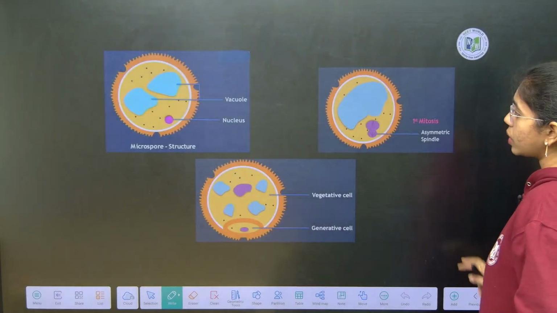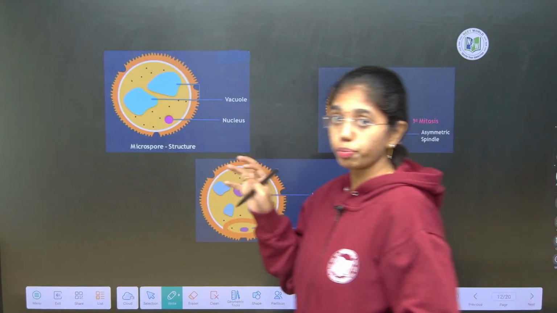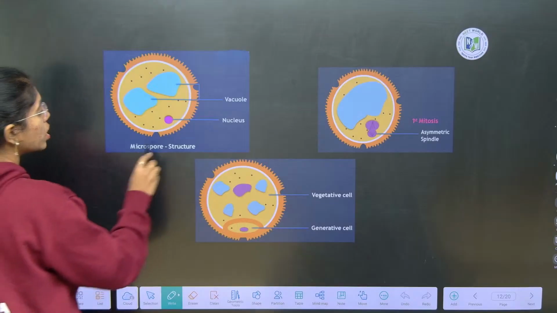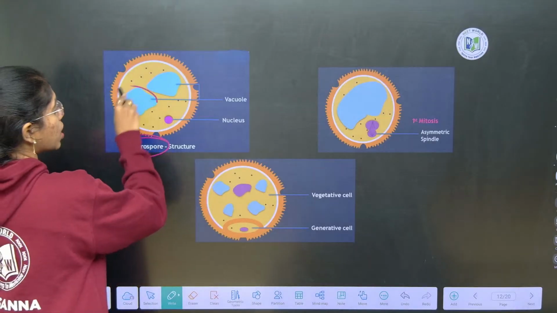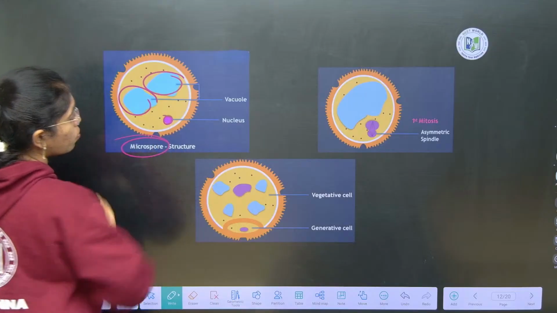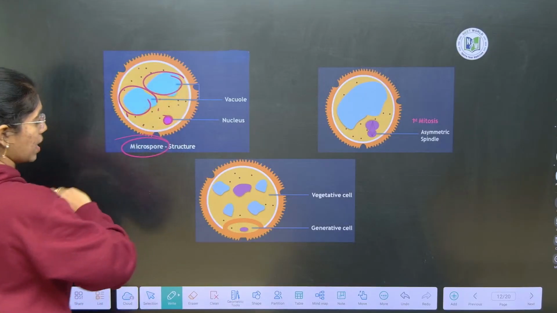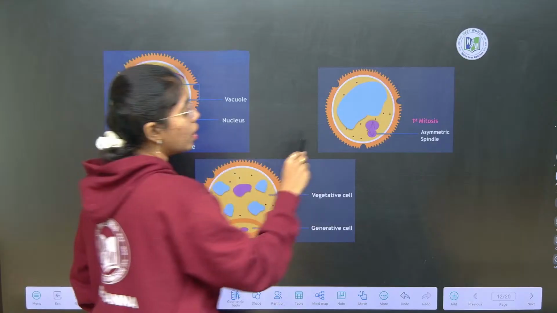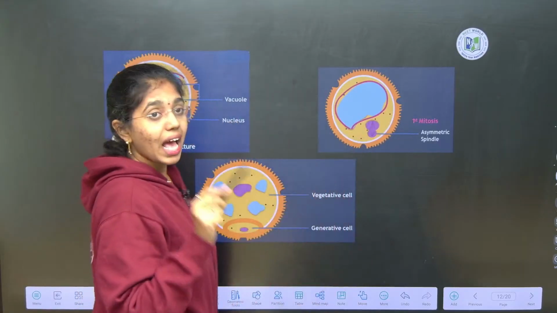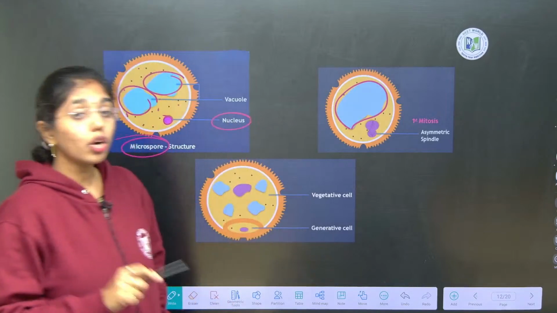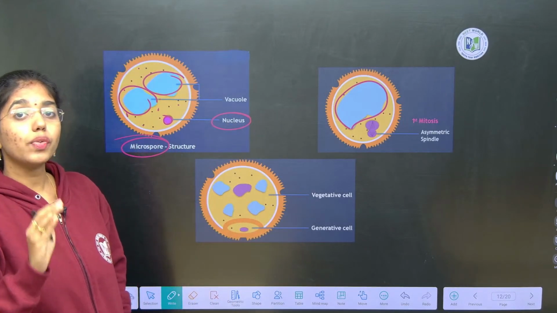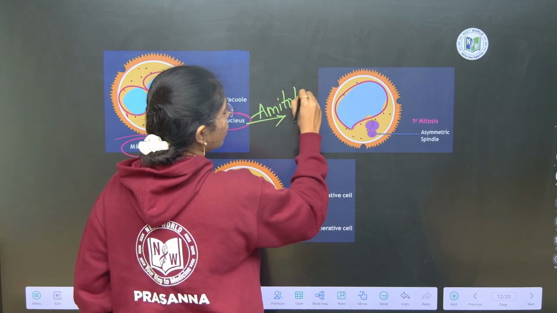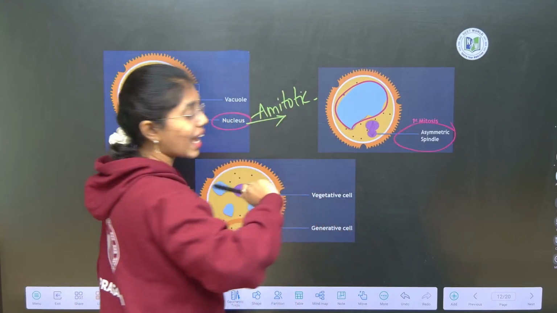So here, once the microspores are formed, each microspore matures into a pollen grain, and pollen grains are released mostly in two-celled condition. If you see the microspore structure, it has large vacuoles and one small nucleus in the cytoplasm. The vacuole occupies most of the space of the cell, and the nucleus undergoes mitotic division with an asymmetric spindle.